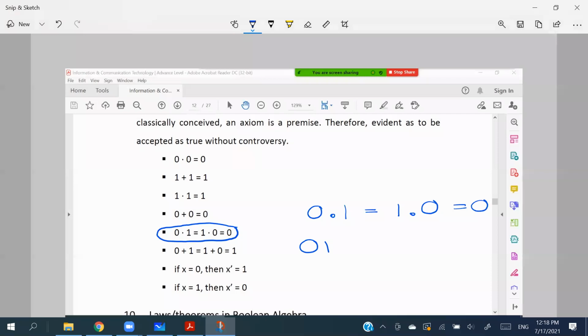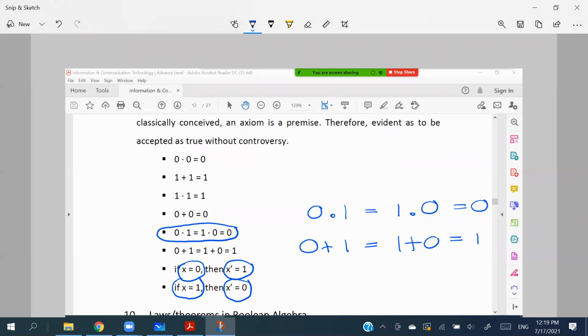The same way 0 plus 1 can be changed to 1 plus 0, and the answer is going to be 1 anyway. Right, so the very last two things say when x is 0, x bar is definitely 1. Something we know, right? And when x is 1, x bar is definitely going to be 0, right?